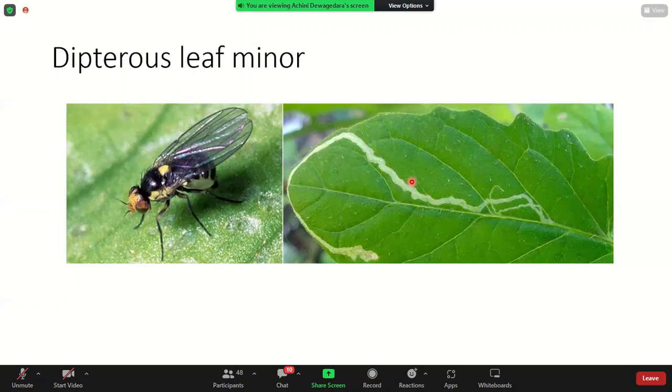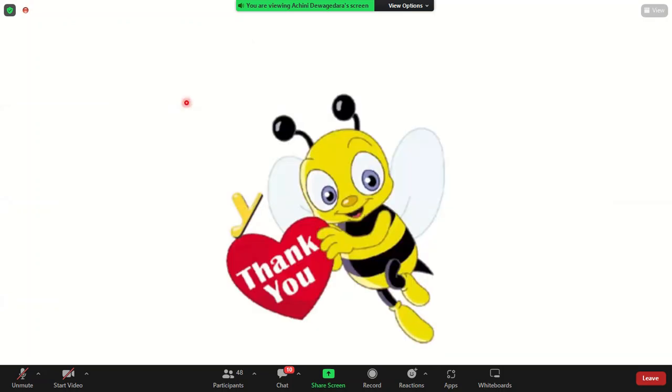Only the upper and lower epidermis of the leaves are remaining. So once the larvae is moving while consuming tissues, we can see silver color lining on the leaf, right? So that is caused by leaf minor.